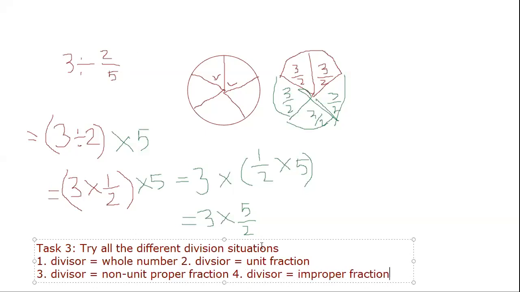So at this level, I don't care what your dividend is, but you have to get all these 4 kinds of divisors, okay, and do it. Since we are talking about plates, you can take circle as the plate and split it, etc. That is perfectly fine. And you can write the dividend part in terms of numbers. That's perfectly fine too. Okay.